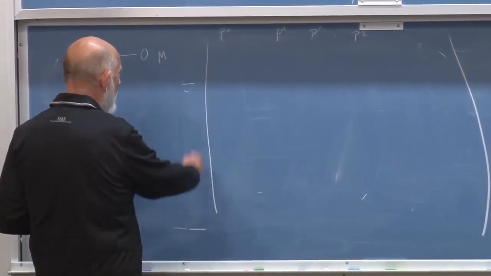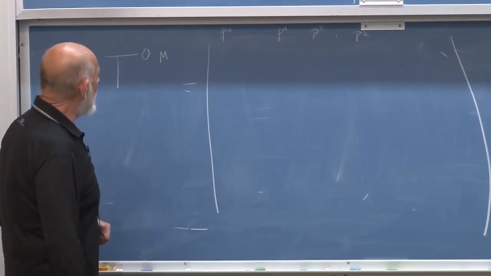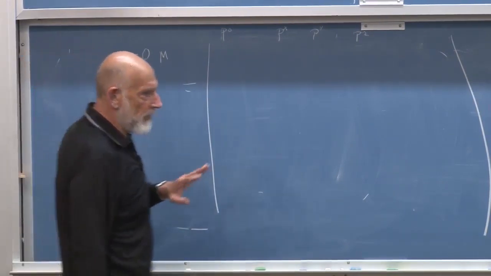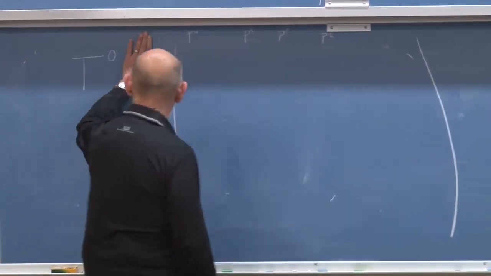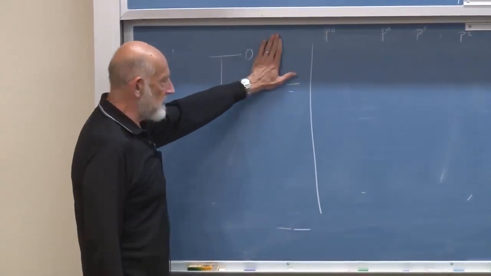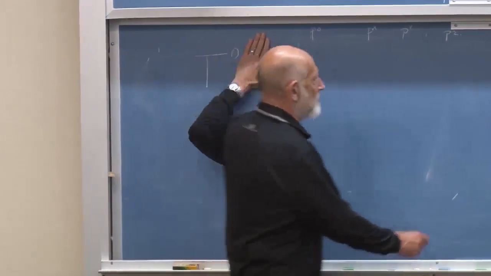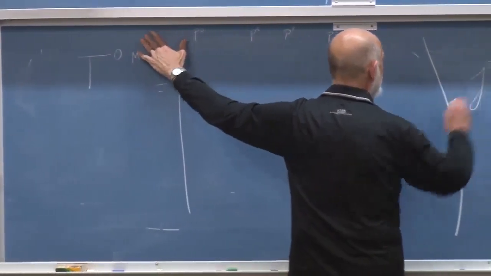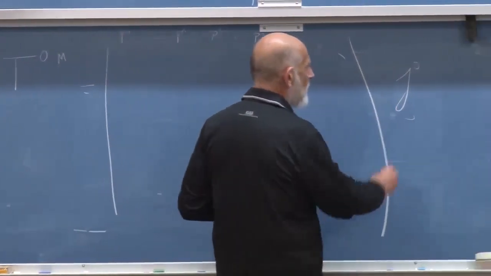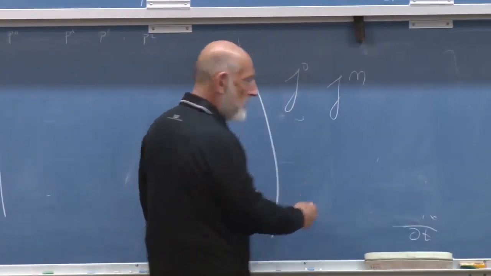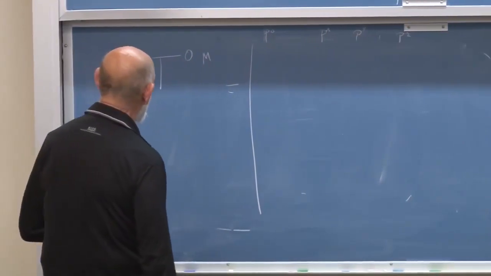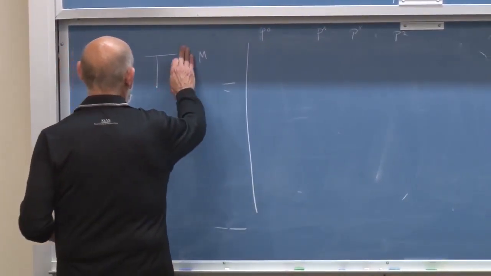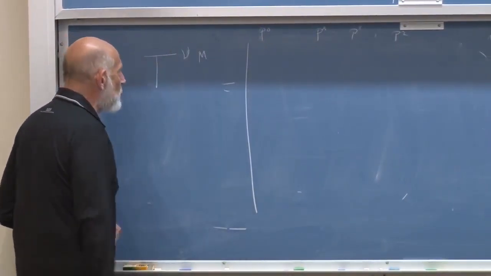And what about vertically? Well, for vertically, we suppress this index here, and just think of this as a density of something, similar to J naught. J naught also has J m associated with it, which is the flux of that quantity. So maybe there's a bigger quantity that includes T nu mu.